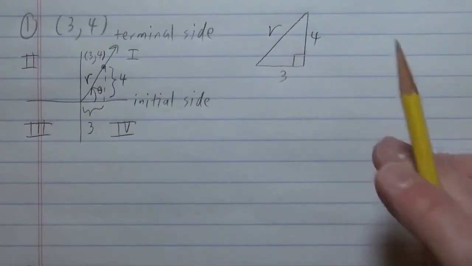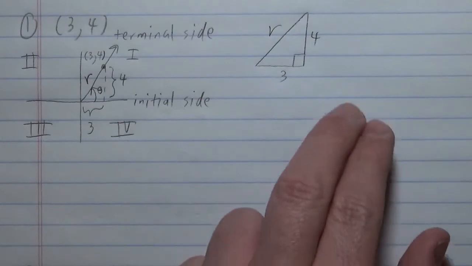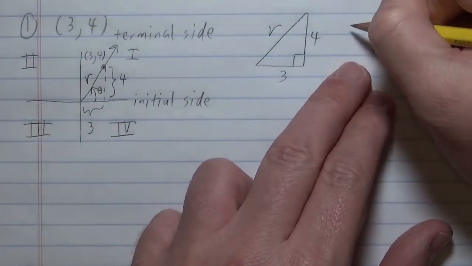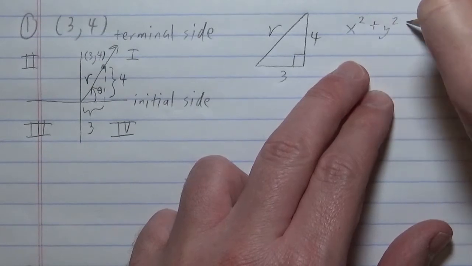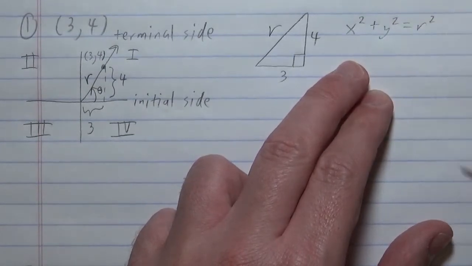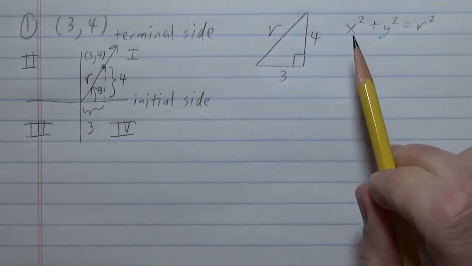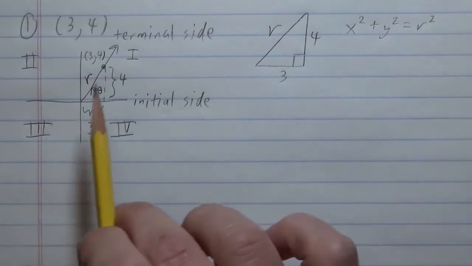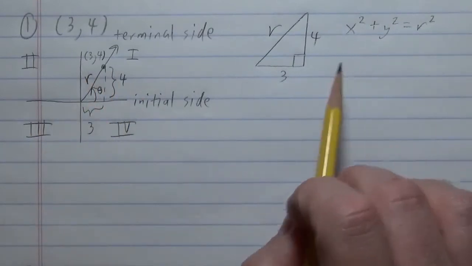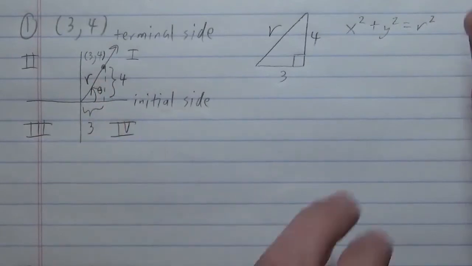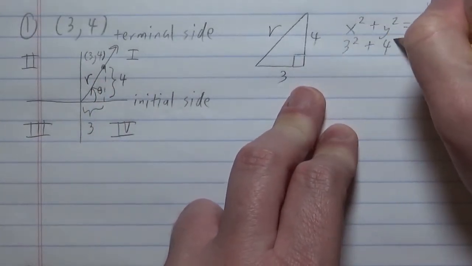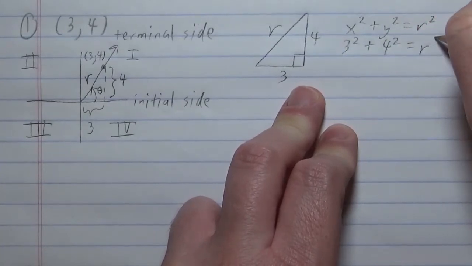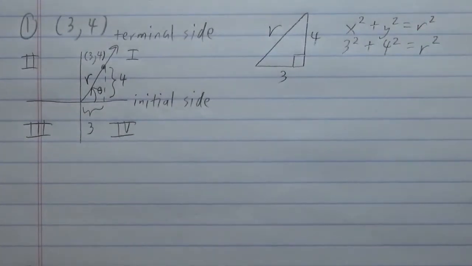And this should be obvious what r is, because x squared plus y squared equals r squared. The x appears to be a length, but it's actually a coordinate. The y appears to be a length, but it's actually a coordinate. 3 squared plus 4 squared is going to equal r squared.